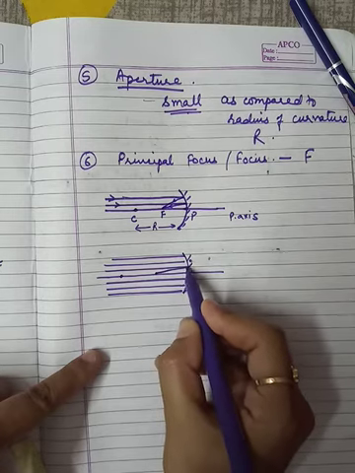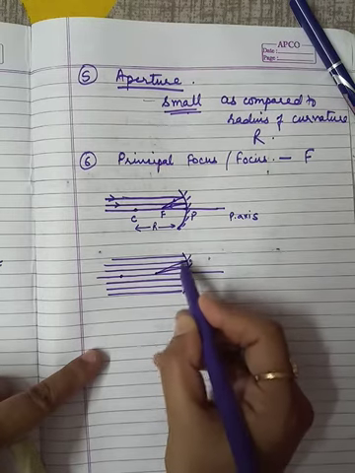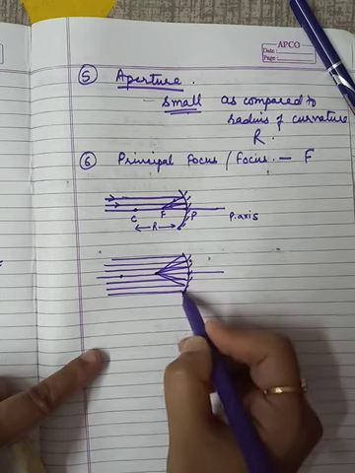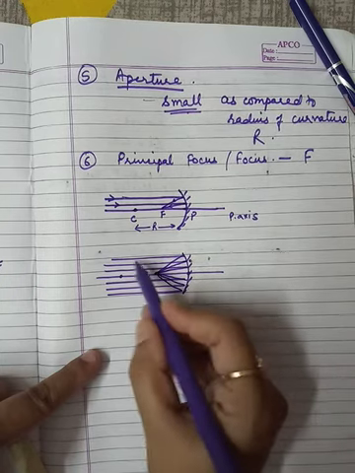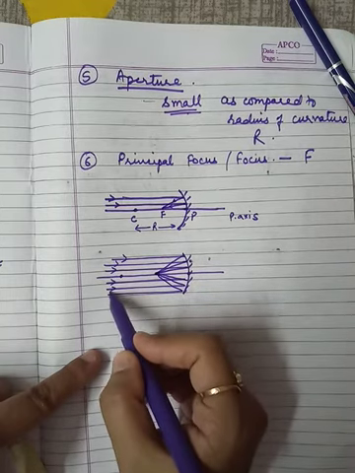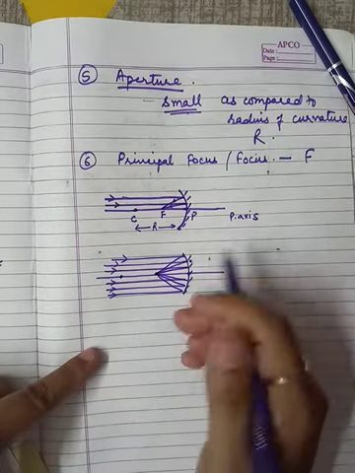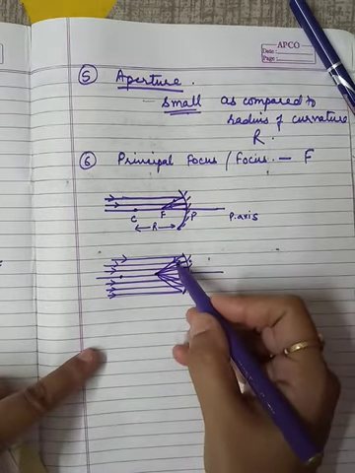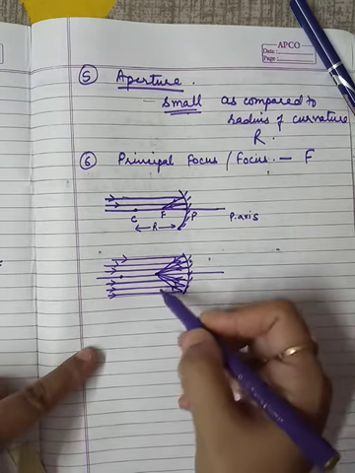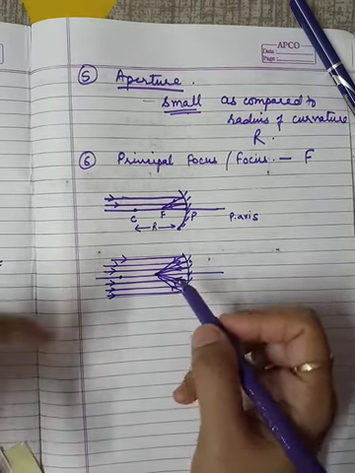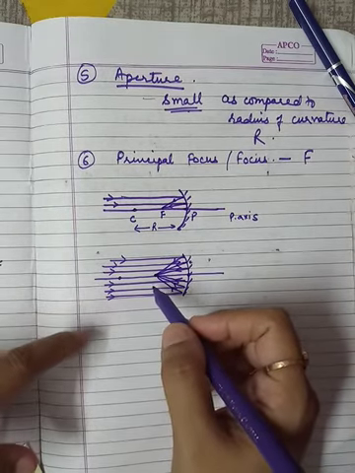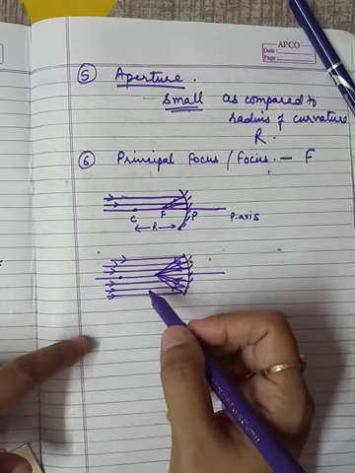These are reflected rays, and all these lines are converging. All the parallel incident rays of light converge after reflection, and the point where they come together is known as the principal focus. This is how we define it.